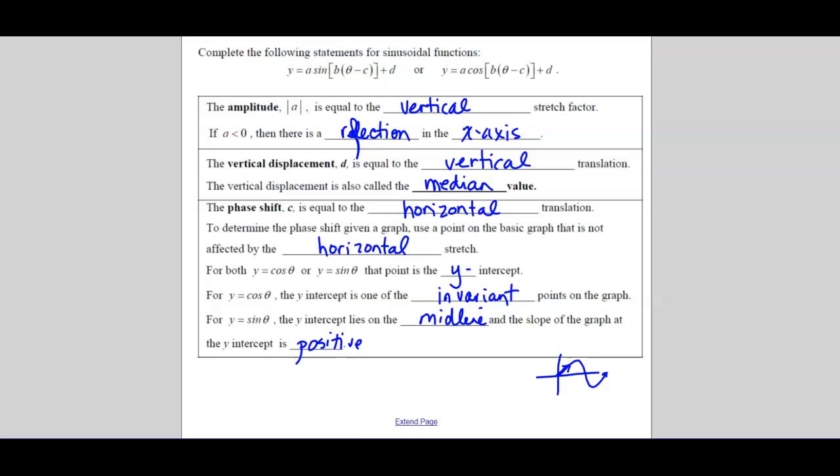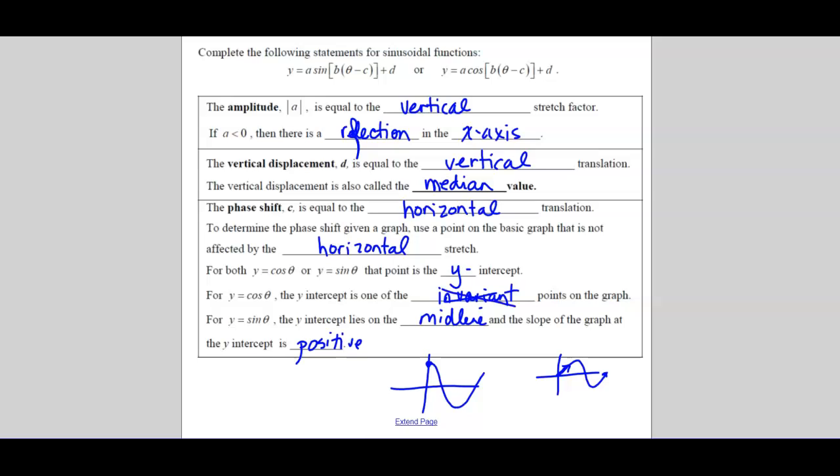Invariant points? Why? Can you just do the min or max value? Or, well, oh, here. Min or max. What's it called? Invariant? I don't know. Let's check it out. Y equals cos, the y-intercept. I was thinking it's invariant under a horizontal stretch. Oh. But yeah, maybe this is really talking about phase shift, so I was thinking, yeah, good point there.